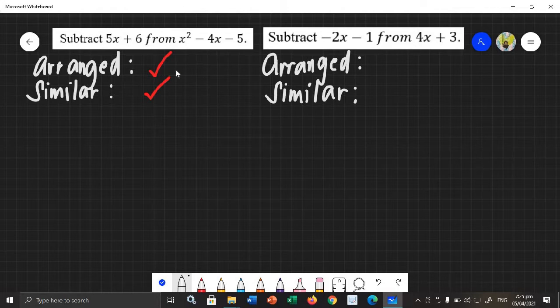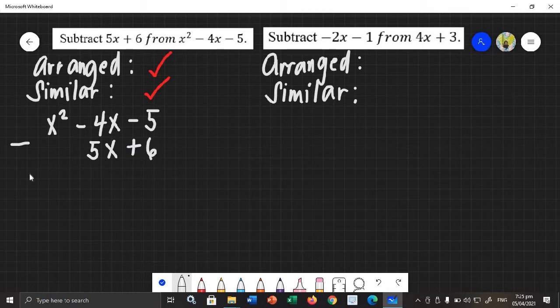Okay? But then, kailangan natin siya i-arrange in vertical form. So in this case, sulat natin siya in vertical form. So x squared minus 4x minus 5, minus, subtract daw natin si 5x plus 6. Okay? So, same lang din in adding polynomials.